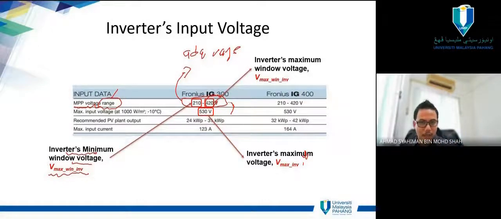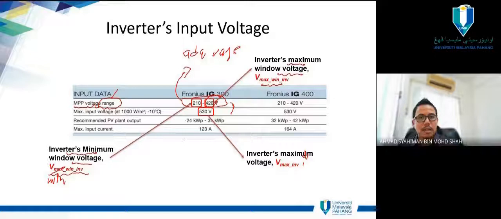So that 420 is the inverter maximum window voltage, which is called the Vmax inverter. Ini salah. Ini minimum, sorry. Minimum window inverter, and this one is maximum lah, maximum.